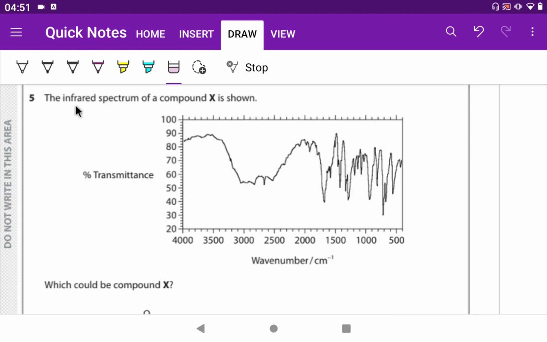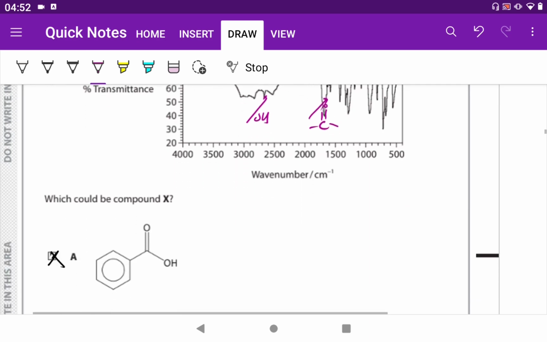Question 5. The infrared spectrum of compound X is shown. This is the wave numbers, which could be compound X. Here it is a carbonyl group, and here it is an OH group, and in between is a carbon, so it has a carbonyl group and an OH group.